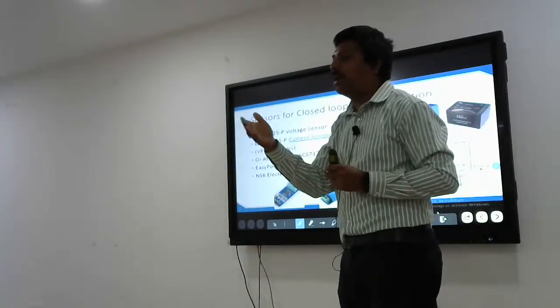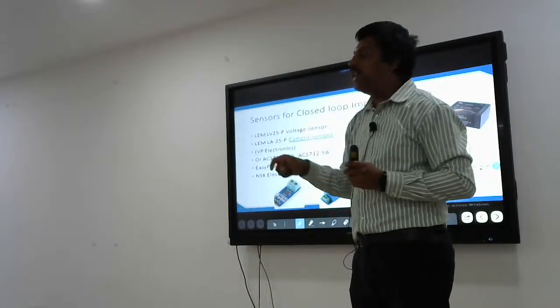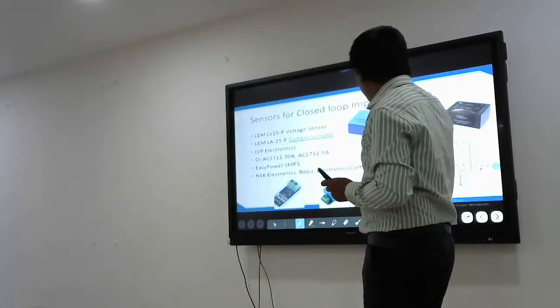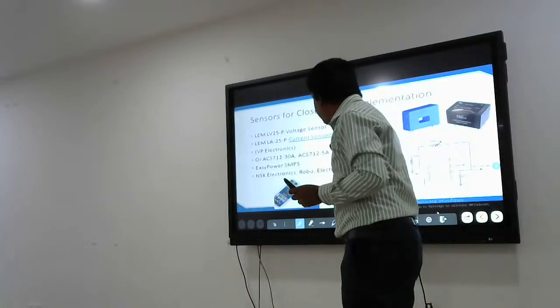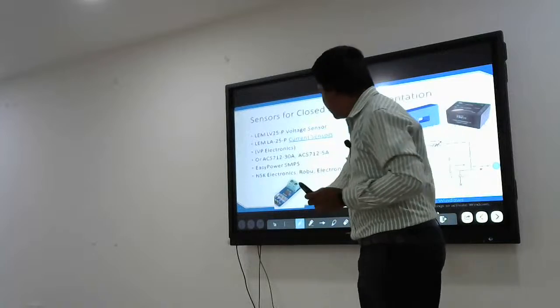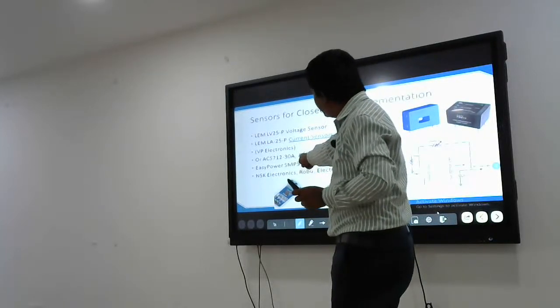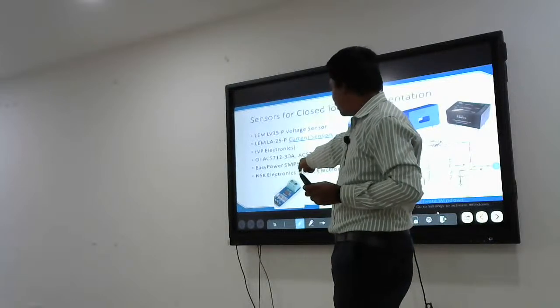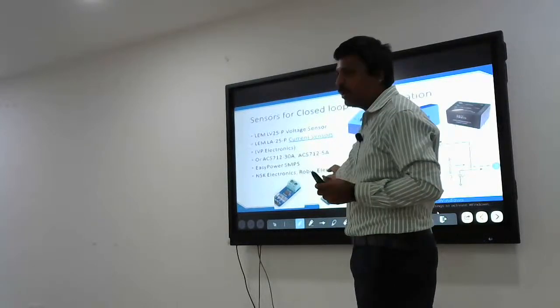For that we need to know the current, so we use a current sensor. They are LEM sensors. Similarly, a low cost solution like ACS712, which works for both AC and DC. The current sensor costs hardly 90 to 100 rupees, close to 100 rupees.